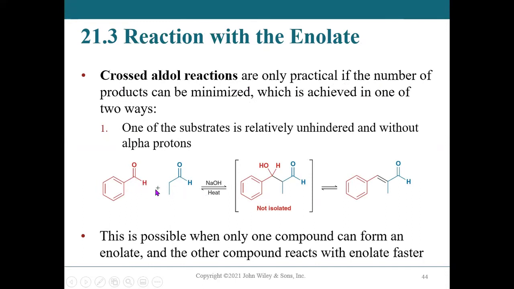Again, this benzaldehyde will be attacked by the enolate from this aldehyde, because this one has alpha hydrogens and the first aldehyde doesn't. This is possible when only one compound can form an enolate. In this case, this can form the enolate, and the other compound reacts with the enolate faster.